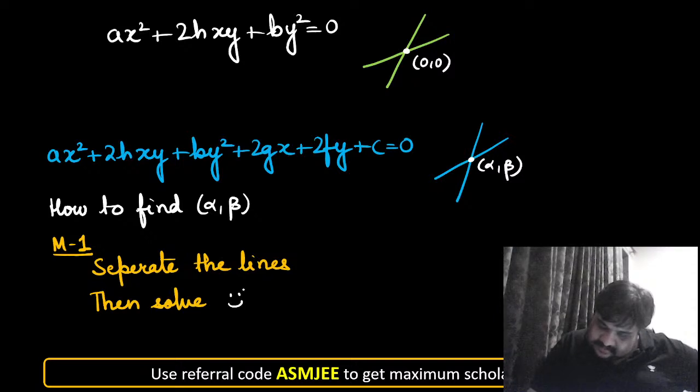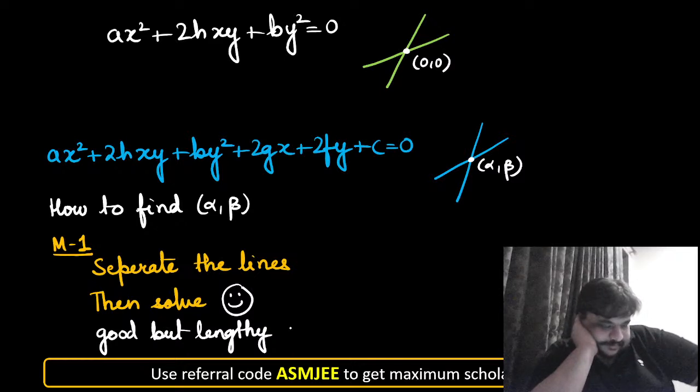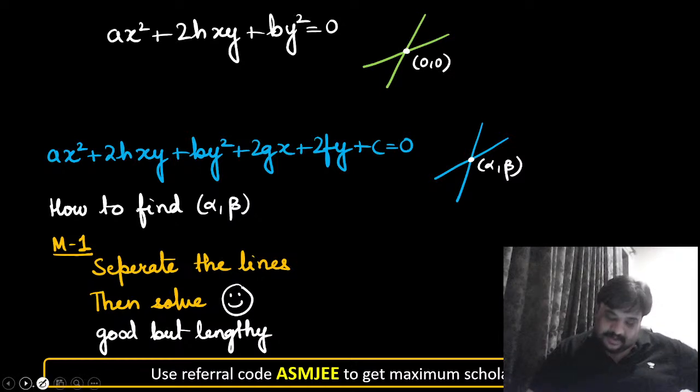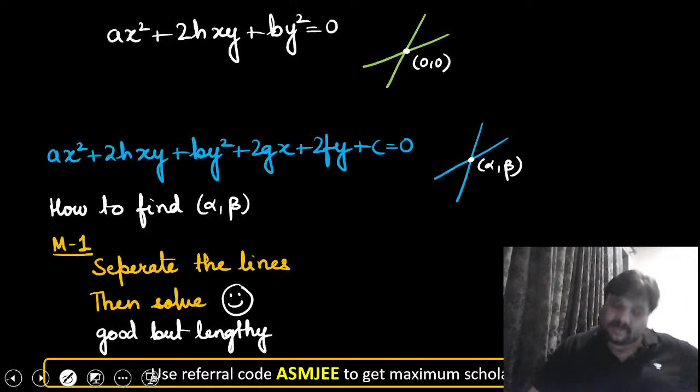Good method, but lengthy, right? In fact, this is mathematically the better method. Now there is another method. We will not do the proof of that method, but we will learn that method today. Method 2, just copy it.